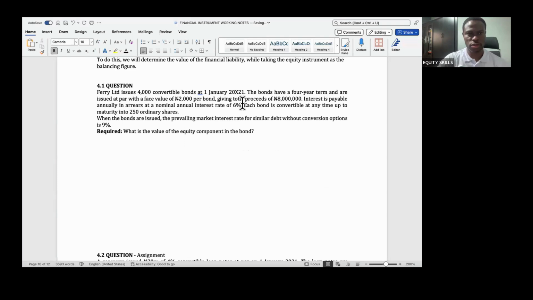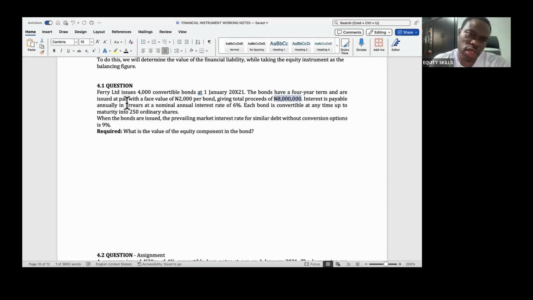So if you look at this question, it says Ferry Limited issues 4,000 convertible bonds at January 2021. The bonds have a 4-year term and are issued at par with a face value of 2,000 per bond, giving a total proceeds of 8 million.